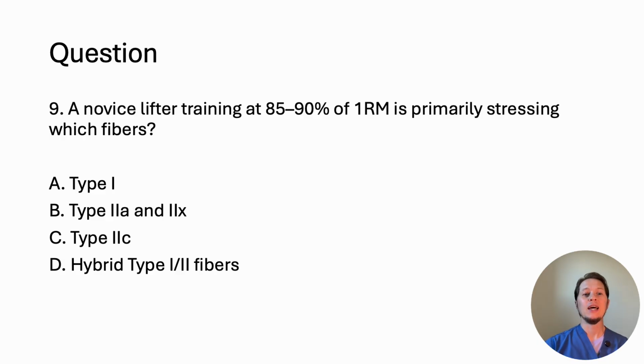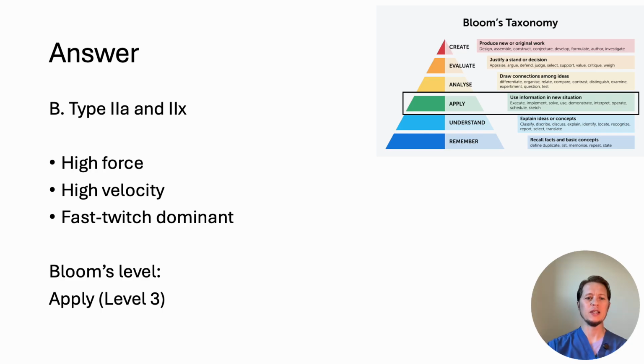So here's question 9. A novice lifter training at 85 to 90% of 1 rep max is primarily stressing which fibers? Type 1, type 2A and 2X, type 2C, or hybrid type 1/type 2 fibers. And this one, we're now moving into that level 3 because we presented a case. This is something new, right?